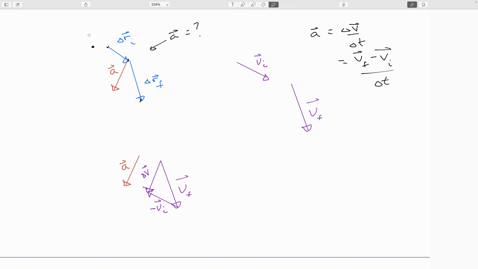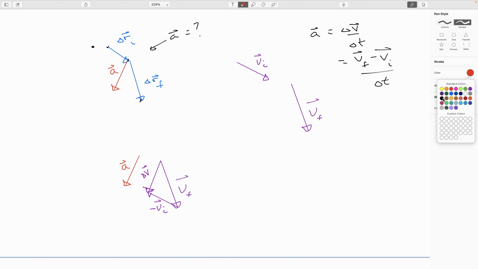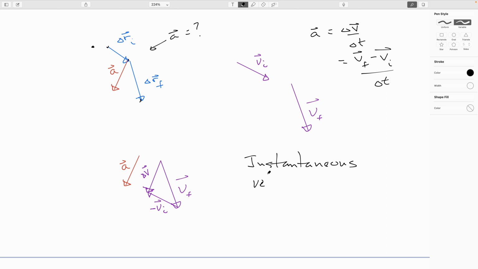Now, if we follow this little bit through right here, we will get that if I make these intervals ever smaller and smaller and smaller, the instantaneous velocity will always be tangent to the trajectory. Instantaneous velocity is tangent to the trajectory.